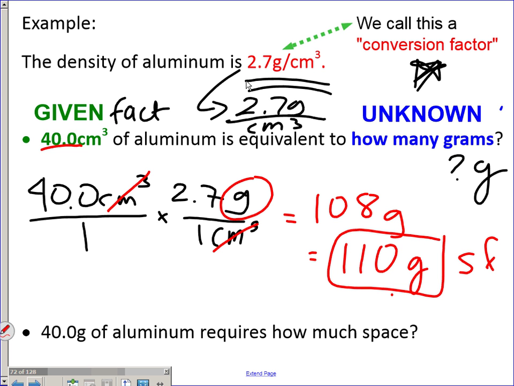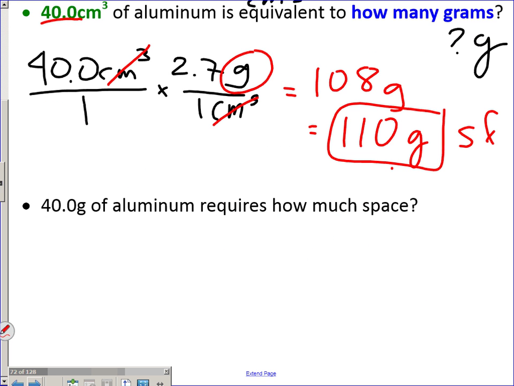Okay, so let's do this again. Same information. 2.7 grams per centimeter cubed is the conversion factor we'll be using. And I want you guys to tell me how this question changes how you write it. So start with your given.